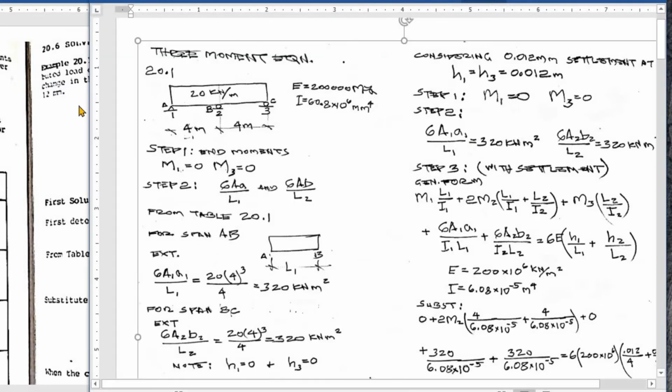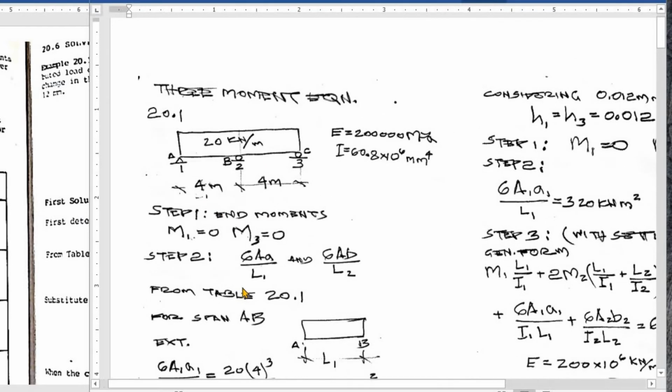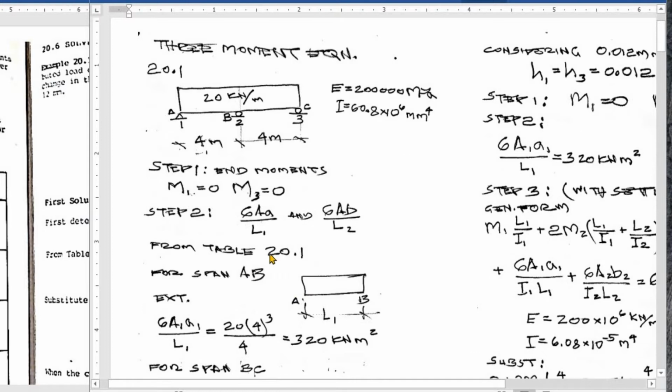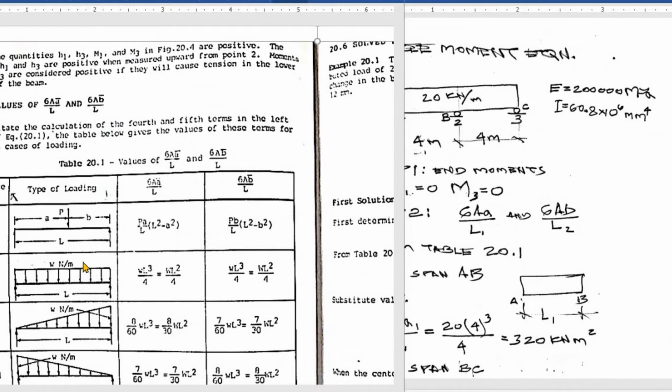So, Step 1 is to find the end moments. So, at point A and point C, obviously that is point 1 and point 3 also. So, moment 1 is equal to 0. Moment 3 is also equal to 0. And then, step 2, we now find the values of 6AA all over L. So, let's look at table 20.1, which is ito.